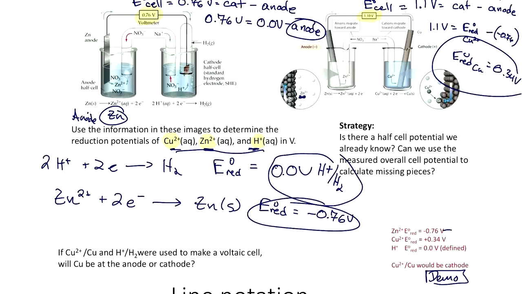We have copper in one half reaction cell, that's the cathode, and then at the anode we have zinc. I'm just going to plug this in. It's going to be hard to actually see what the voltage is, but I'll prove to you that it says 1.092.